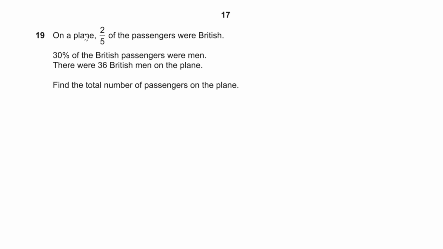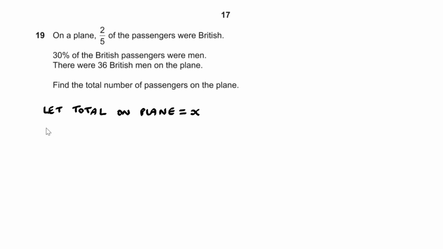Question number 19. On a plane, 2/5 of the passengers were British, 30% of the British passengers were men. There were 36 British men on the plane. We have to find the total number of passengers on the plane. Well, over here, we will let the total number of people on the plane equal x.